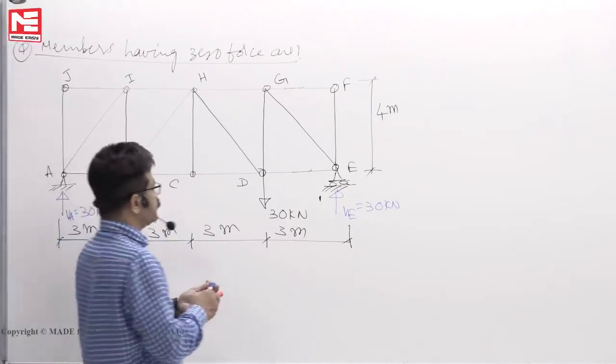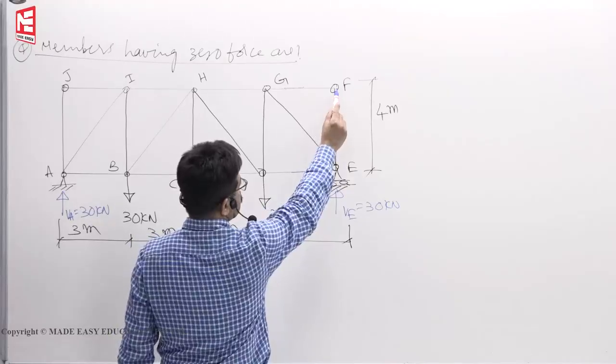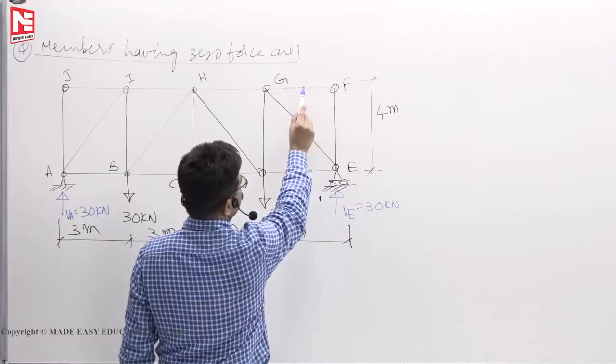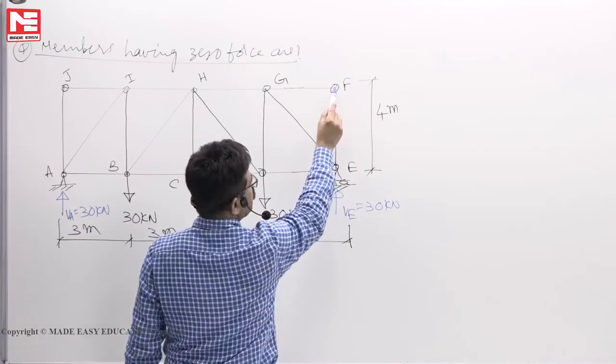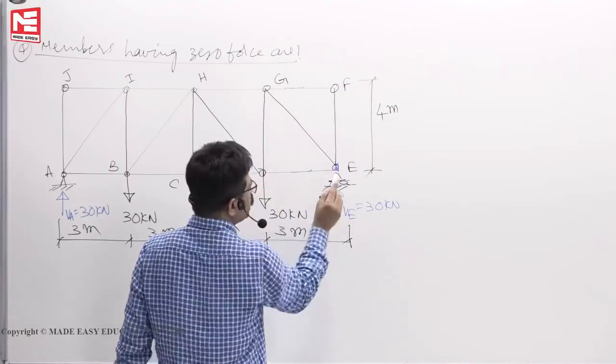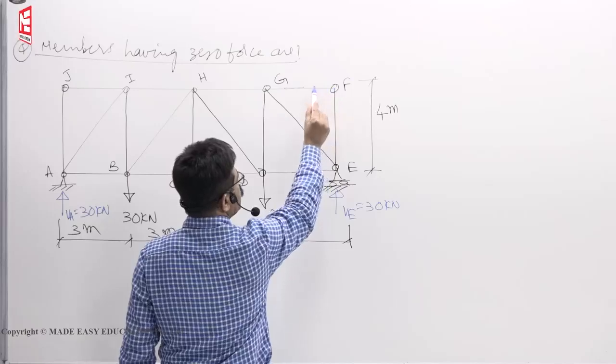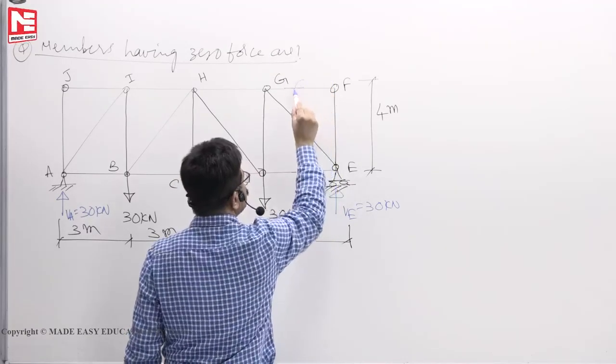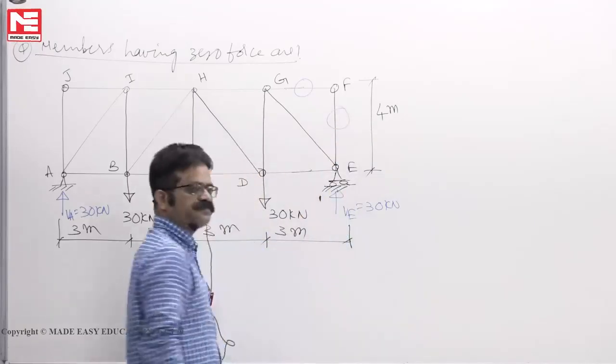Now come to joint F, let us say first. Two members are there, GF and FE. No external load here. Maybe there is external load here or here, we are not interested. At this joint two members are there and no external load, then both members will have to be 0.